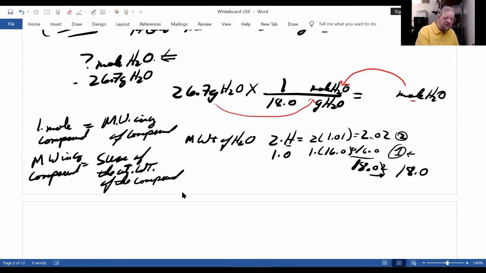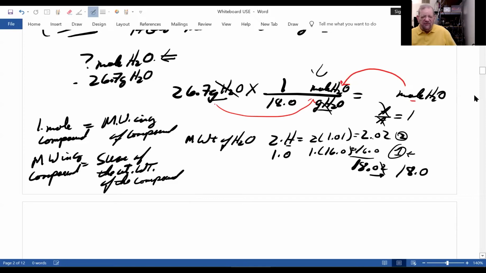But wait, no, stop. Put on the brakes. Check to make sure your units cancel out. How do you do that? Notice grams divided by grams of water. Anything divided by itself equals 1, meaning it cancels out.